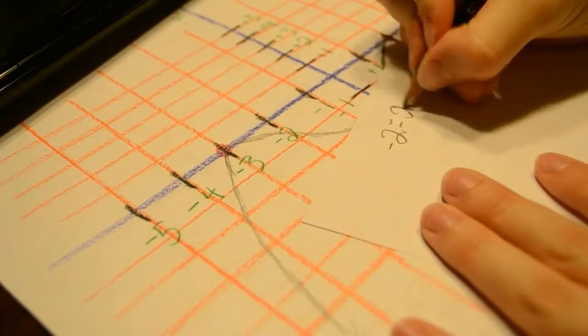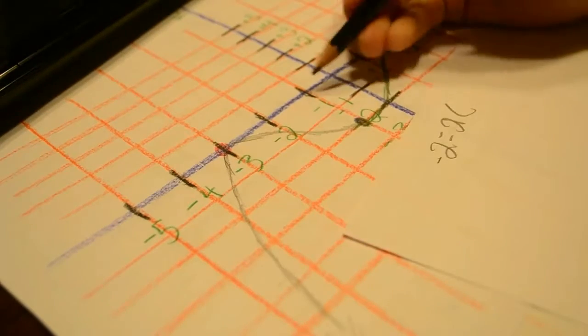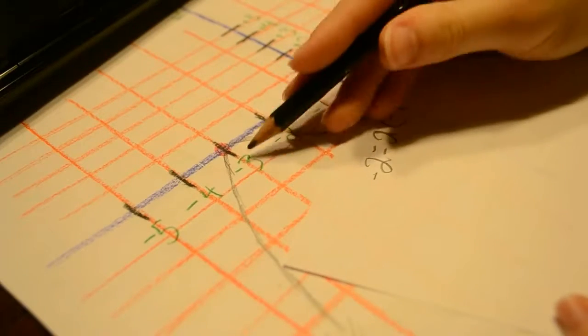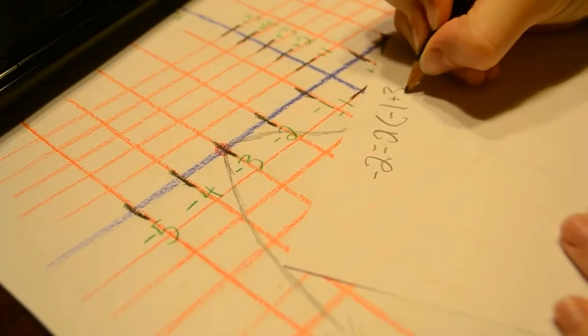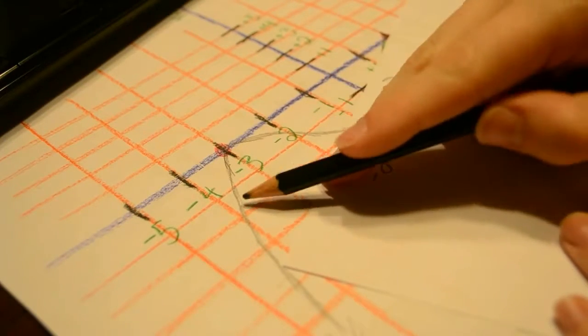equals a, the variable we were trying to solve for, the x, which is -1, plus, because we're going to be doing the opposite of the 3, so +3.